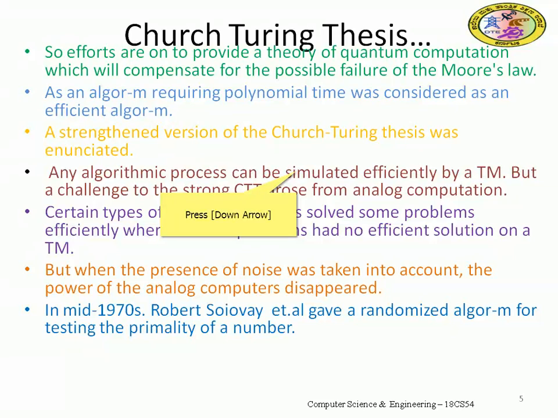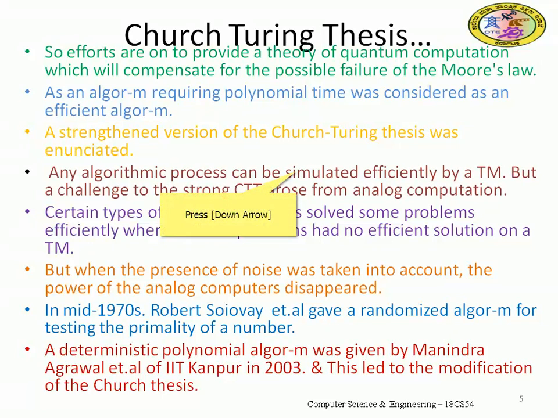So the primality testing algorithm is a most complex algorithm, an NP problem. So that randomized algorithm was for testing prime numbers. A deterministic polynomial algorithm was given by Manindra Agrawal et al. from IIT Kanpur in 2003.